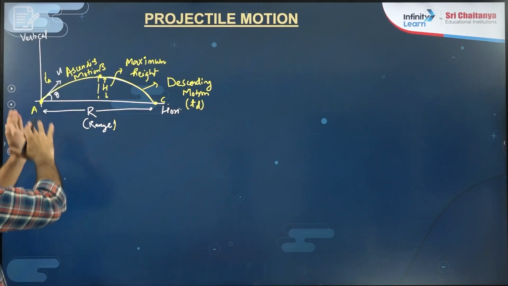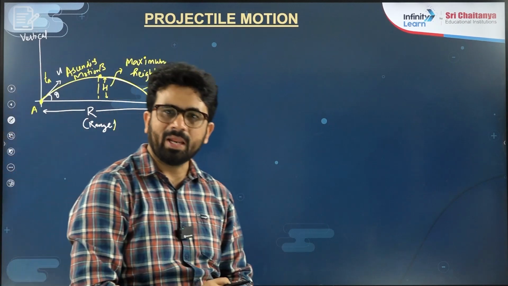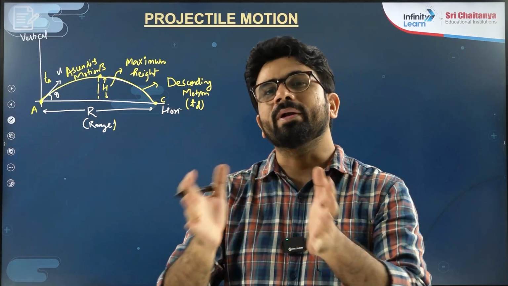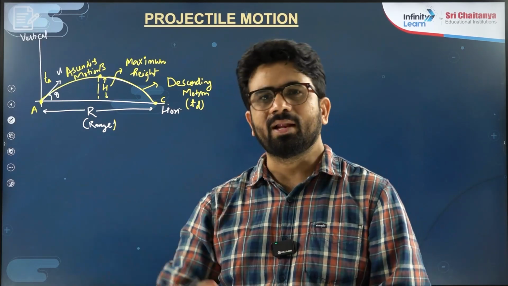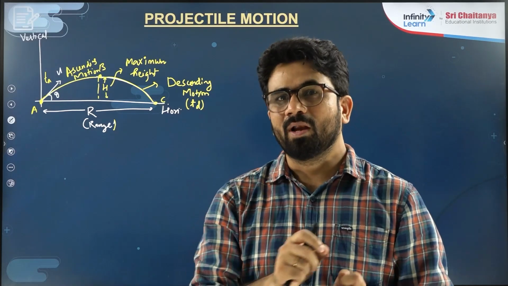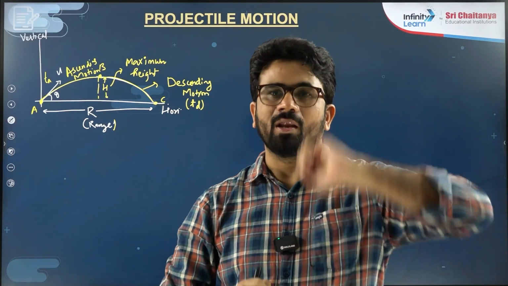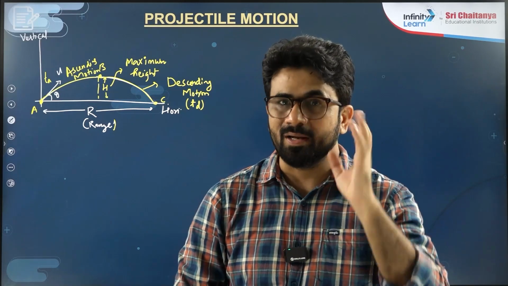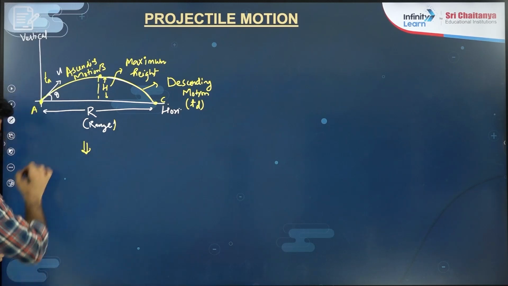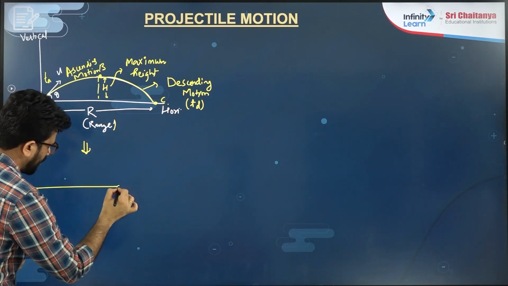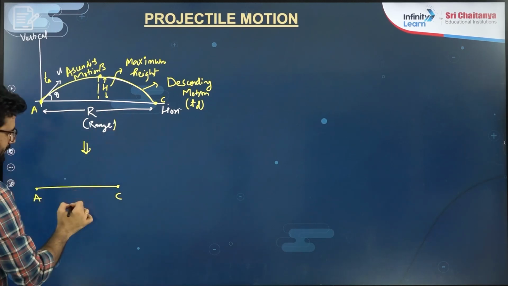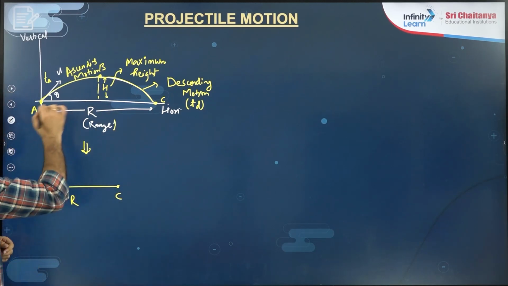But listen carefully, again this is a two-dimensional motion in a plane. As I told you just now, it is definitely a combination of two independent motions, horizontal as well as vertical. That means in the same projectile motion, one is along the x direction and one is along the y direction. One is horizontal, going from A to C, that is the range, and there would be some velocity, we will check that.